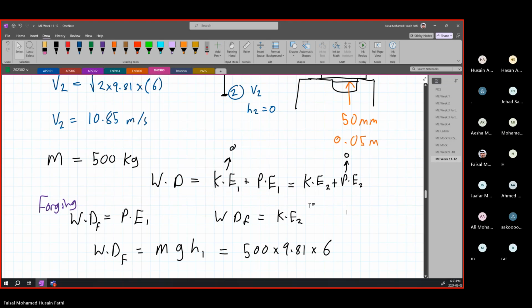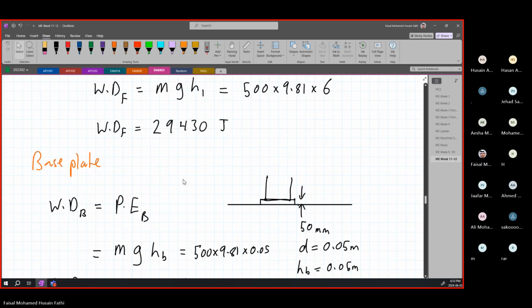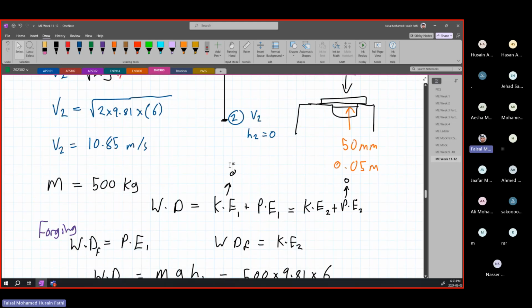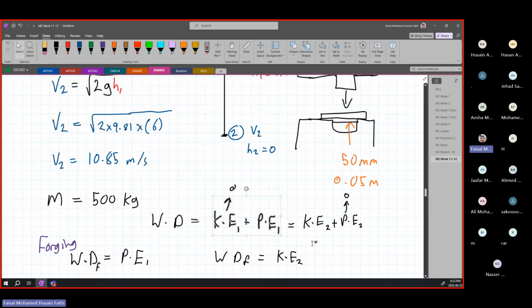Work loss is a different thing completely, which I talked about. Work done is basically the entire energy that is available in the system at a certain point. So this is kinetic energy 1 plus potential energy 1. This is what the work done is equal to. This will always be the case.